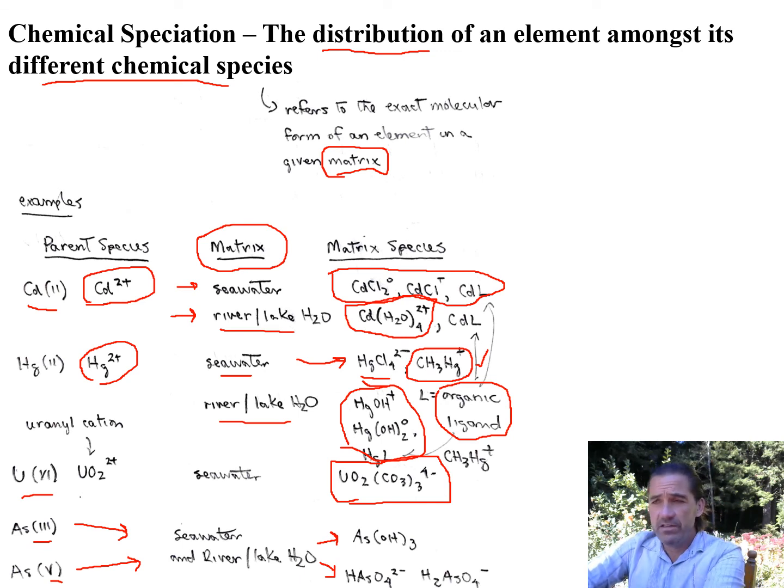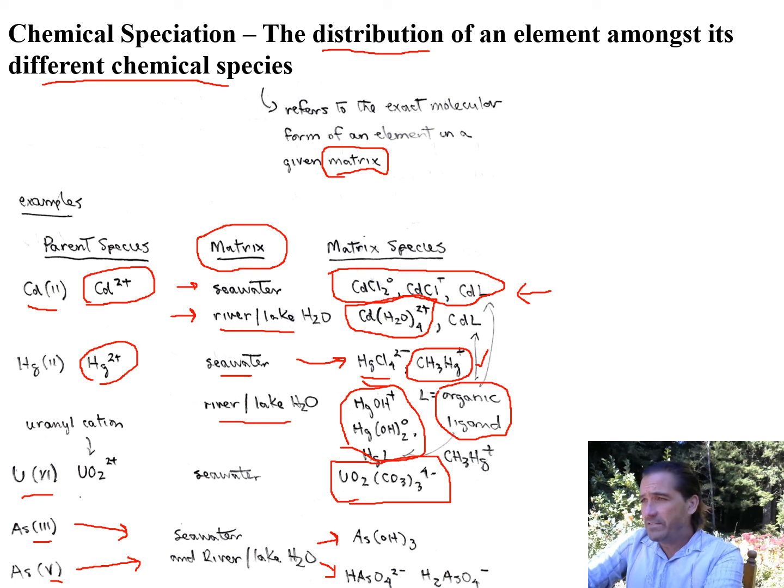So again, these are just examples. We could go on and on, but again, the point here is that the species really defines, say, how toxic it is in the environment or to a living organism, or how inert and not important with respect to biology and its ability to be taken up.